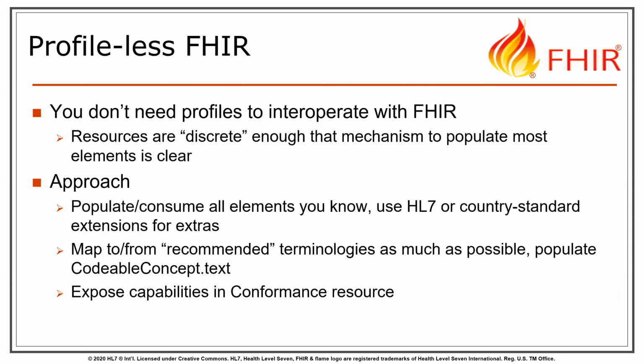So technically, you don't need a profile to use FHIR. You could just use the base specification out of the box and use the approach that we outline here in the slide, those bottom three bullets. However, the FHIR resources are loaded with data elements and unconstrained in such a way that it makes it very difficult to interoperate.